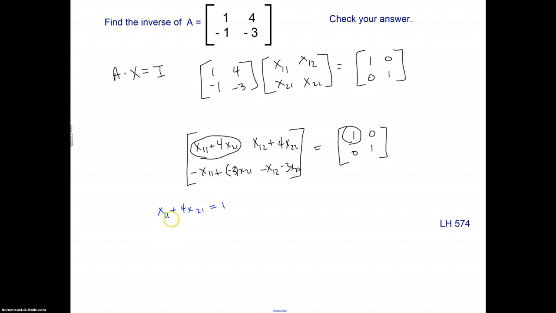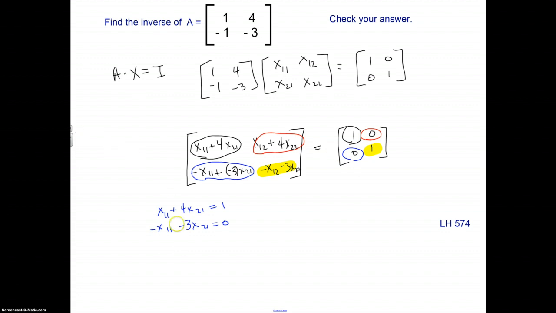This element equals this one, so it's going to be negative x sub 1,1 minus 3 x sub 2,1 equals 0. And I could do the same thing for this element being equal to 0, and finally the last element as well, which would be equal to 1.